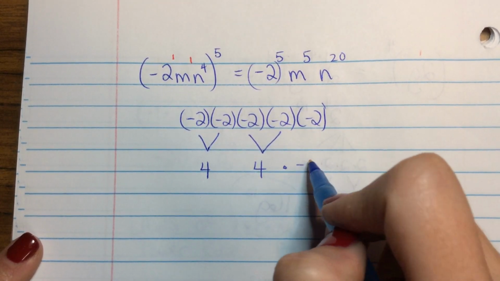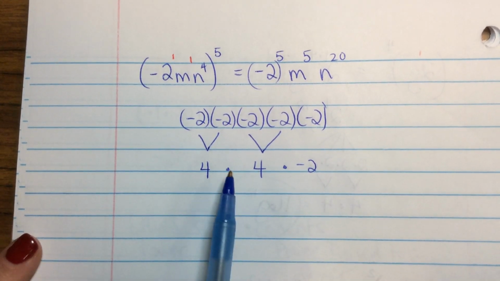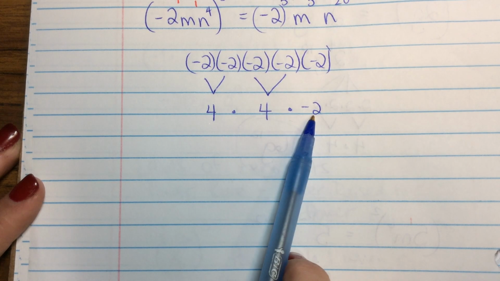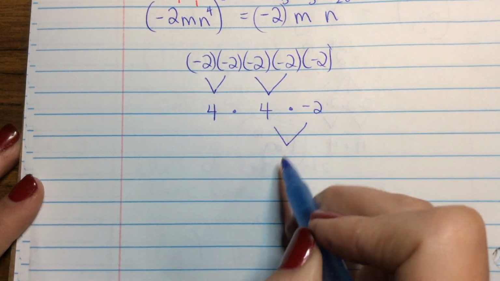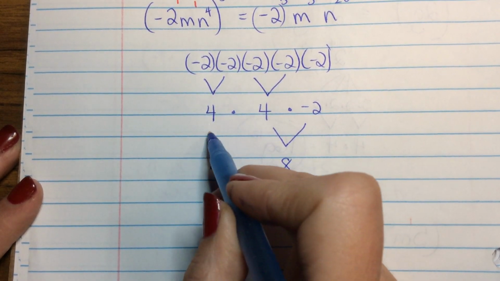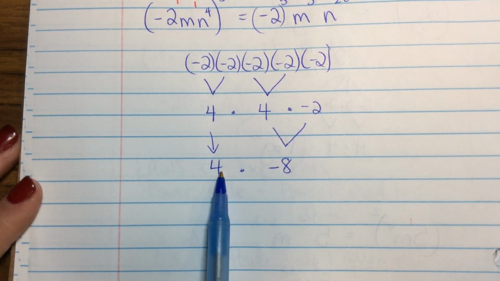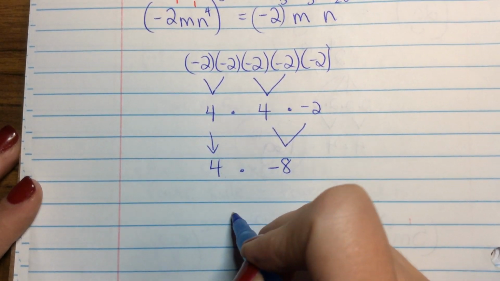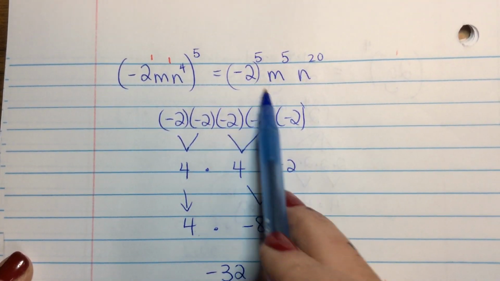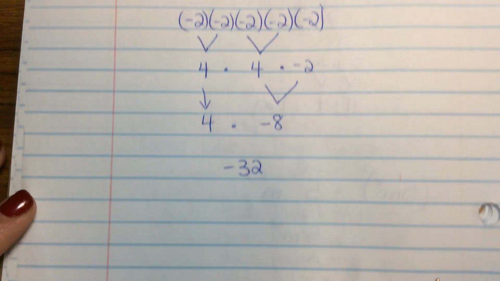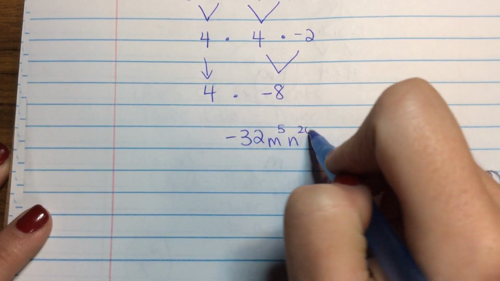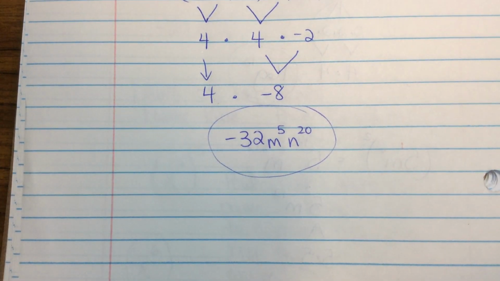So I'm going to bring it down. So I'm going to do 4 times 2 first. So 4 times 2 is 8. So 4 times negative 2 will be negative 8. Then I'm going to multiply that by the 4 here. So I got 4 times negative 8, and I get negative 32. I still need to come back up here and pick up my m and n. So I'm going to rewrite those: m to the 5th and n to the 20th. Final answer.